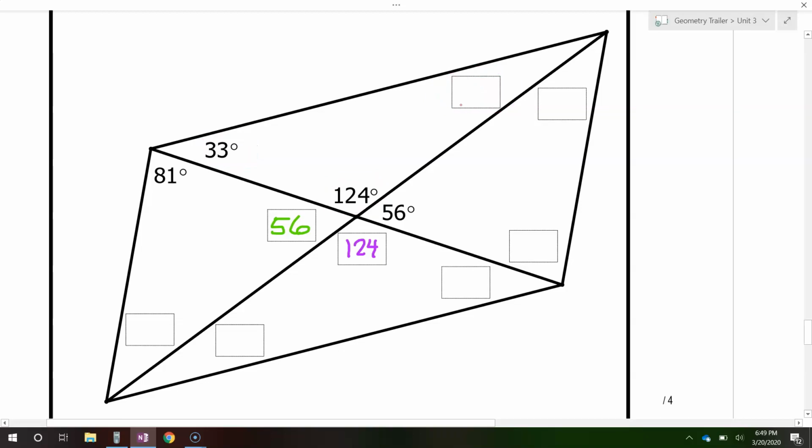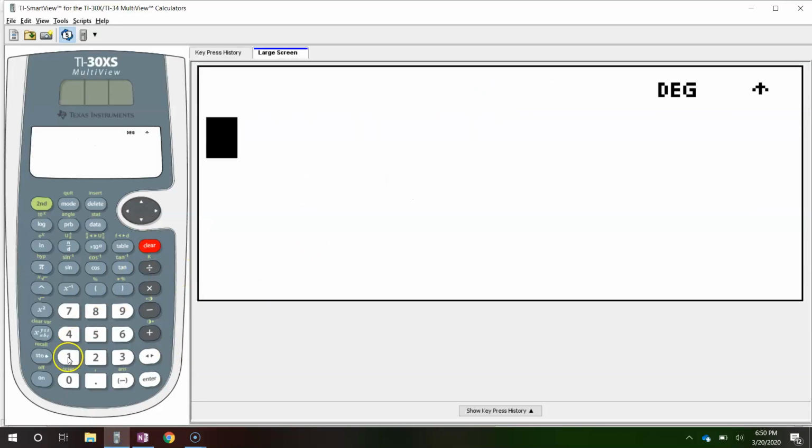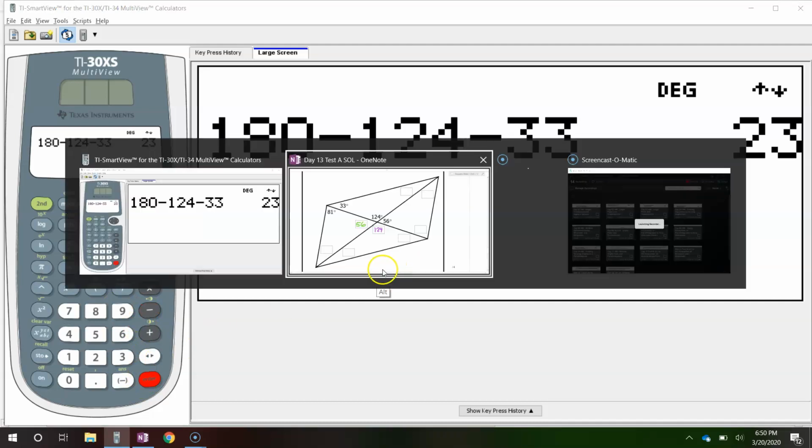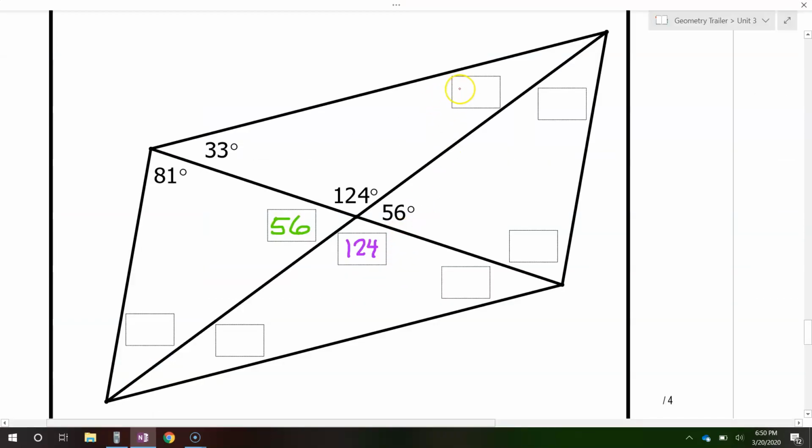I'm going to subtract these two angles from 180 and find the missing angle. 124 minus 33 is... 23 is the missing angle. So this is going to be 23 right here.